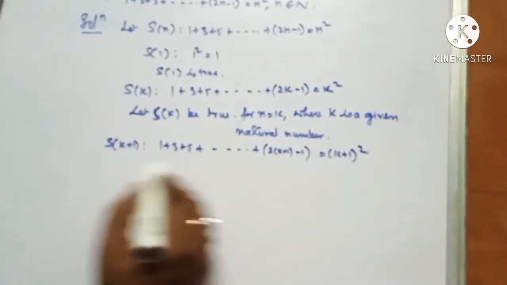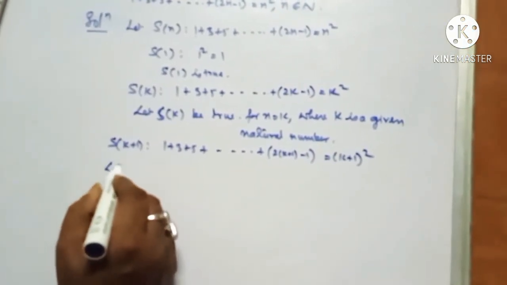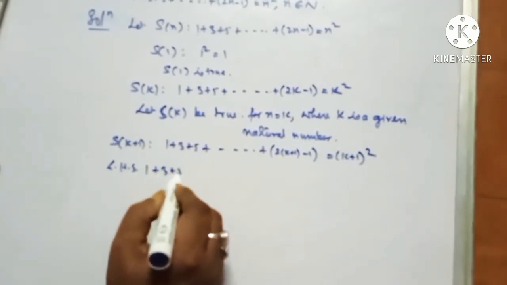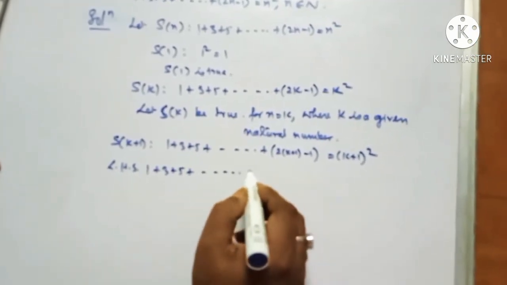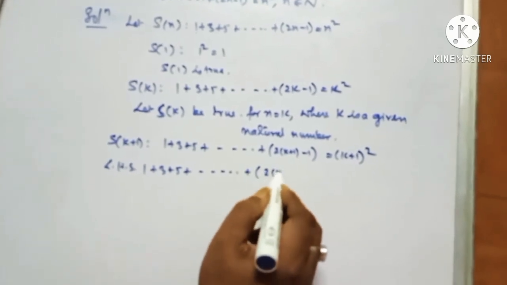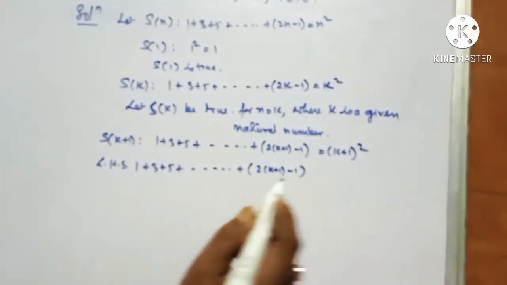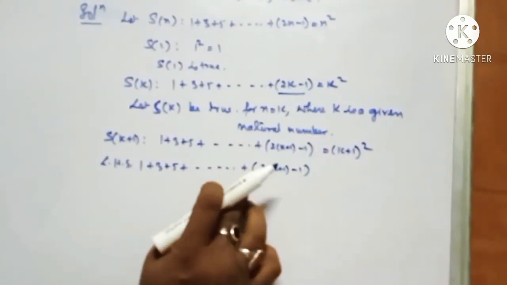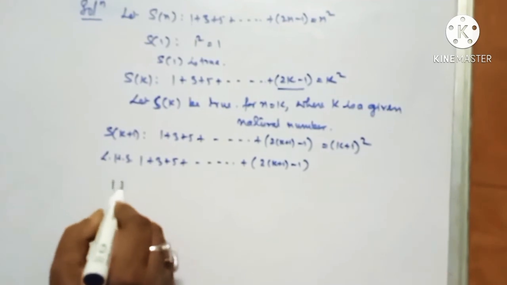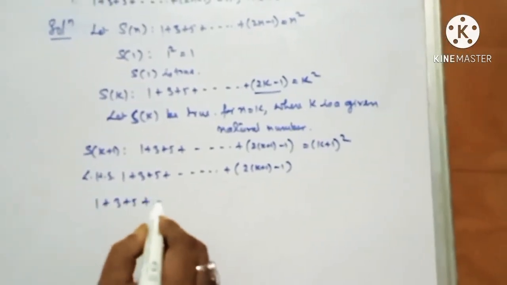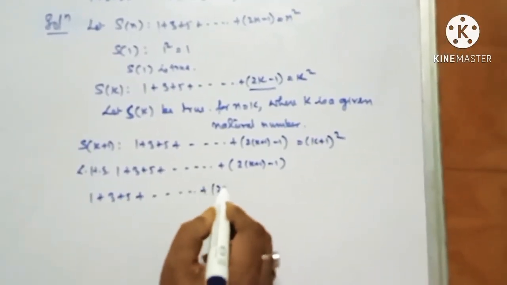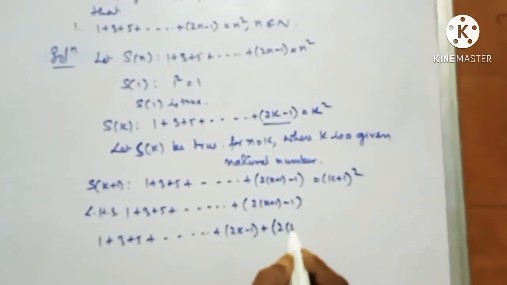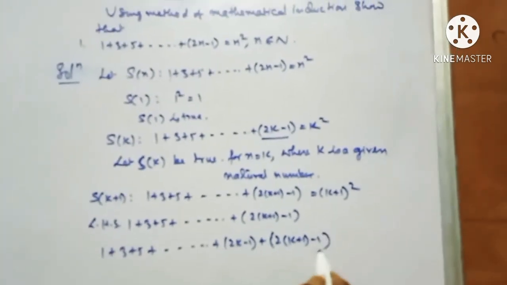Now I will move from the left hand side, that is 1 plus 3 plus 5 plus dot dot dot plus bracket 2k plus 1 minus 1, and preceding this term is this one, so 1 plus 3 plus 5 plus dot dot dot plus 2k minus 1 plus 2 bracket k plus 1 minus 1.